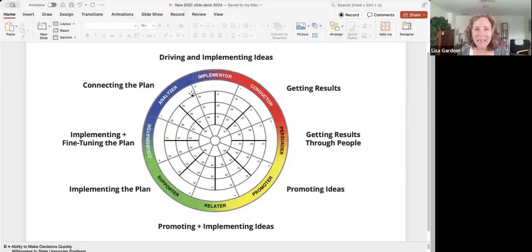So you can see here, if you're a high blue and red, all about getting results, you will drive and implement your idea. Just keep looking around this and just see how we need each and every one of these in our business. You don't want to have everyone who's just like you because you're going to miss some of the other important factors that the other styles bring.